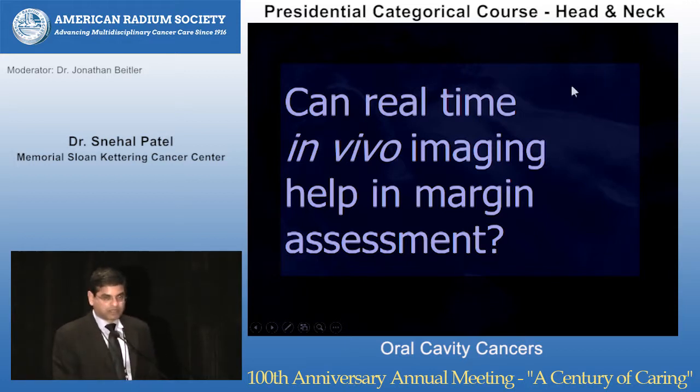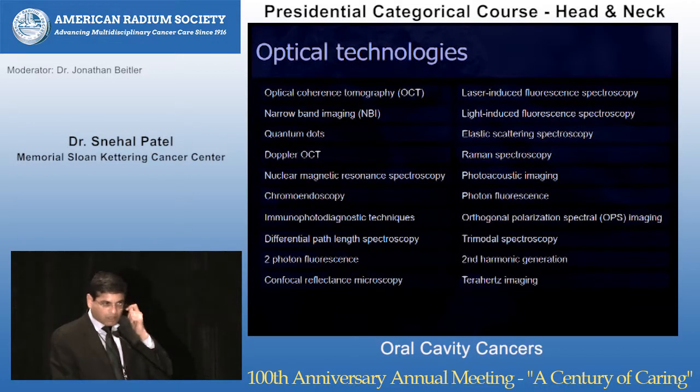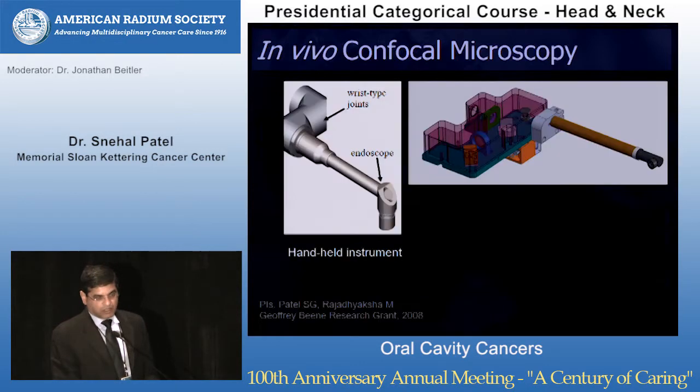So the question that we're trying to answer is, can you really image cancer cells or margins in real time inside the patient? And if you look around, there's a host of optical technologies that are around. What we've worked on for the past 8 years or so at Memorial is a technology called in vivo reflectance confocal microscopy.